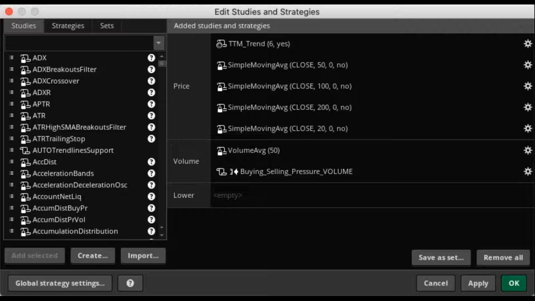Steven, would you happen to know why my volume is not being illustrated on my chart? It's not on your chart. Yeah, but when I go to the studies, volume's there, and I have both of the volume indicators, but it's not on the actual chart itself.